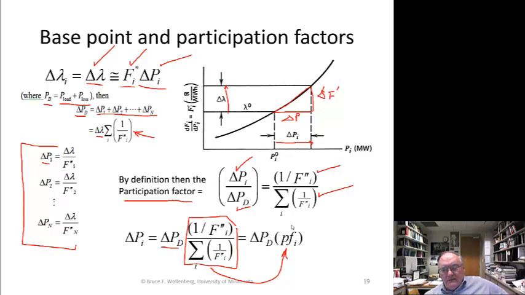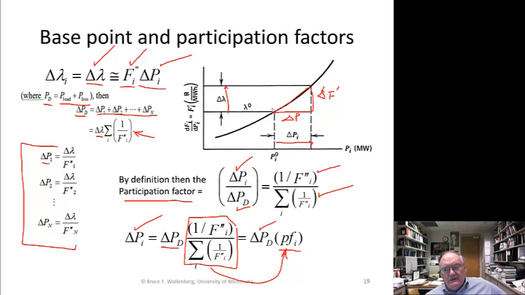Once I have this number, I just multiply it by the change in PD, and I know how much delta PI to put in on a generator. And that's what we tell the AGC. The AGC actually uses this participation factor so that it knows how much to change. Now, it's an approximation.